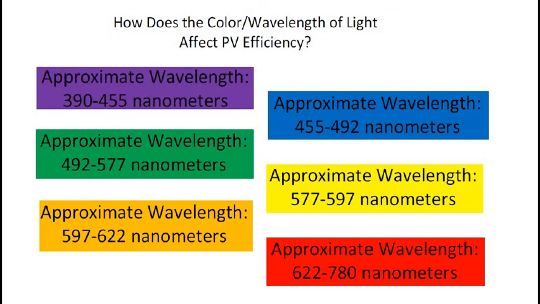And this is blue having 455 to 492 nanometers. This is green, 492 to 577 nanometers. This is yellow, 577 to 597 nanometers. This is mustard color, 597 to 622 nanometers, and this is red, 622 to 780 nanometers, and it is the largest wavelength in the solar light spectrum. So it will produce the least solar effect in solar cells or solar panels.